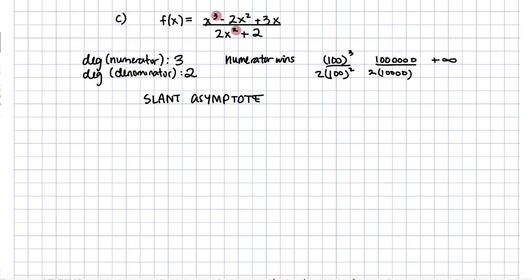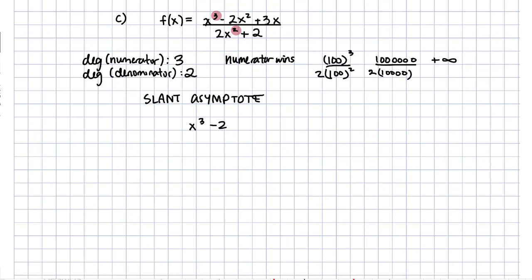It's going to try and lay flat along a line, but not a horizontal one, a slanted one. So since it's headed towards positive infinity, it's going to be a line with a positive slope. Okay, so let's go over how to find it. In order to find the slant asymptote, basically what you do is a long division problem.